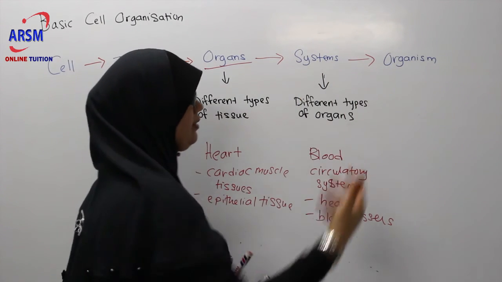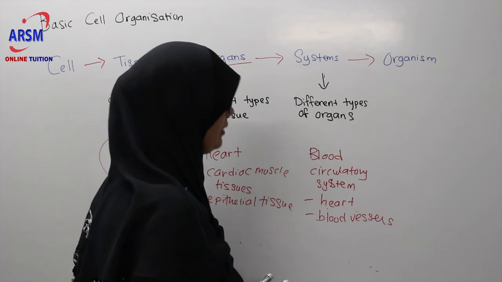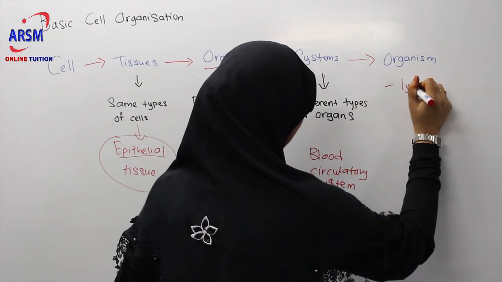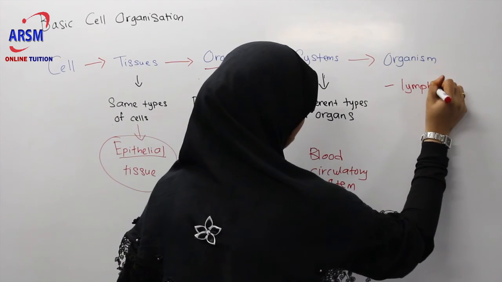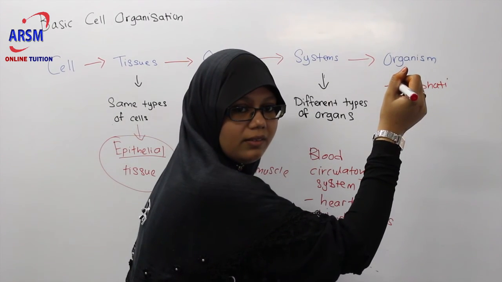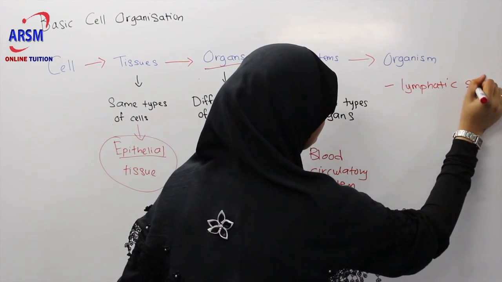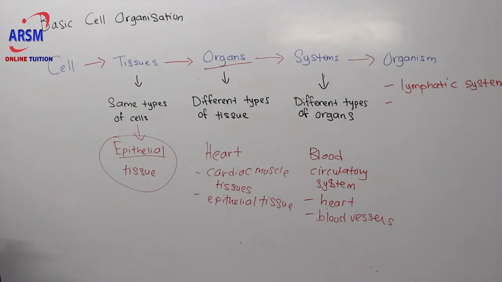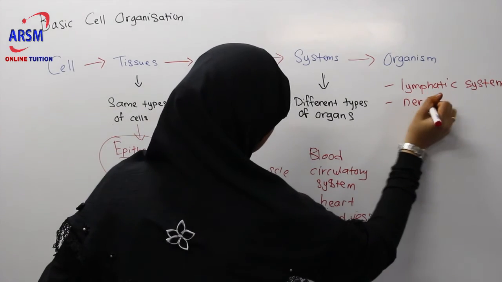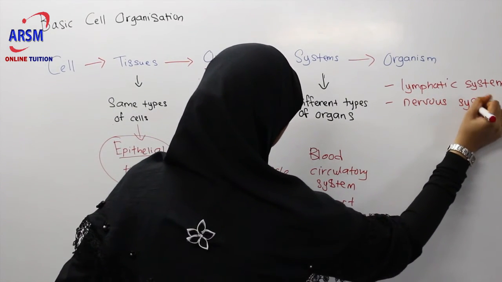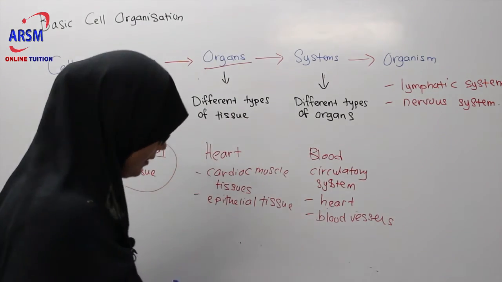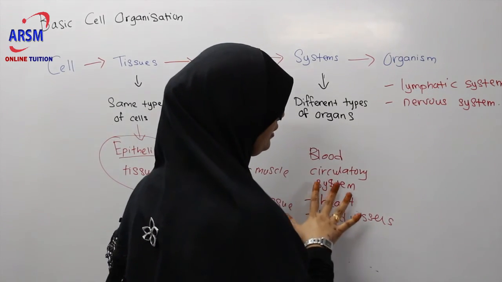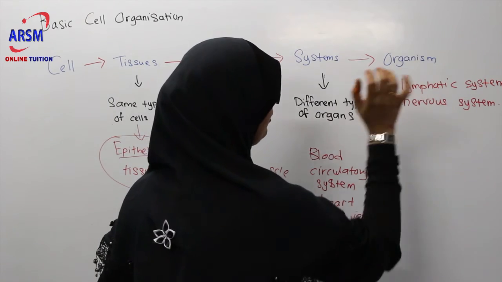As an organism, we have different types of systems inside, like the lymphatic system, nervous system, and blood circulatory system, all combined together to form an organism.